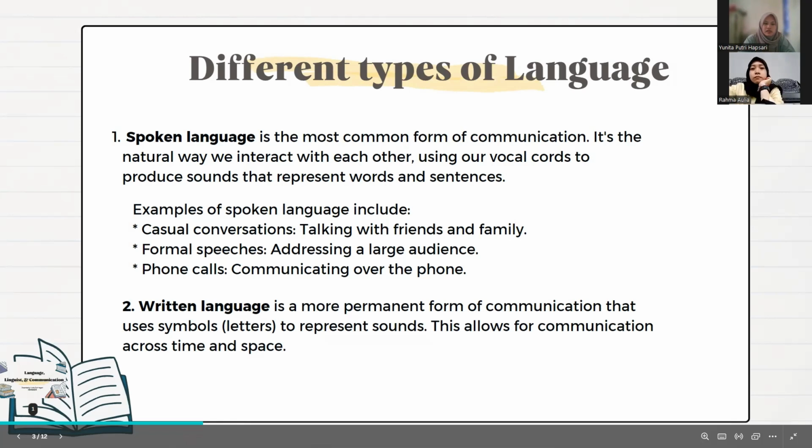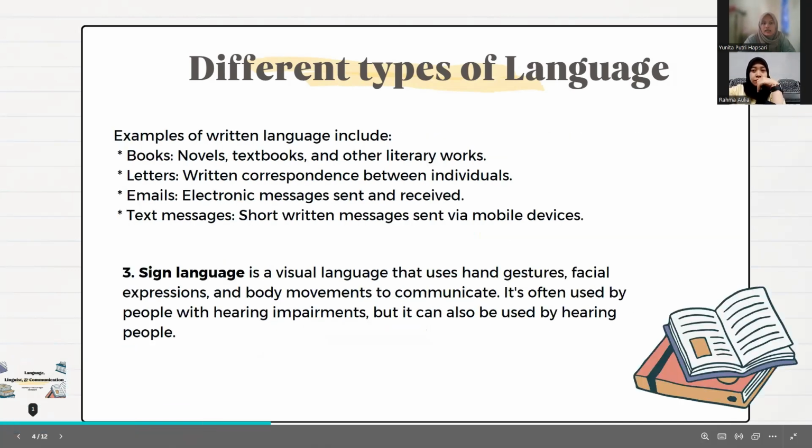The second one is written language. Written language is a more permanent form of communication that uses symbols or letters to represent sounds. This allows for communication across time and space. Examples of written language include books, novels, textbooks, and other literary works.